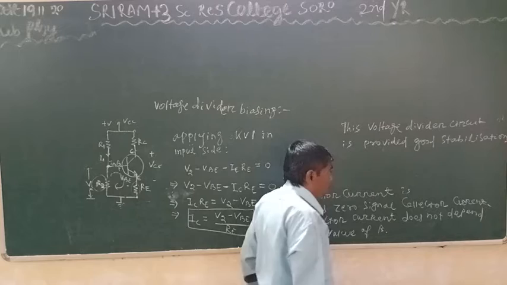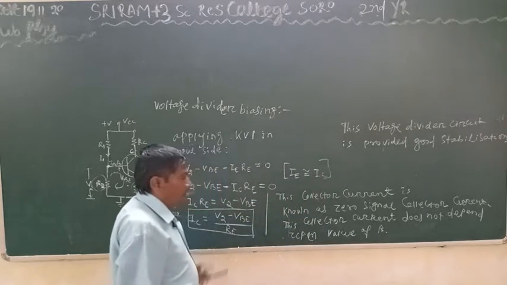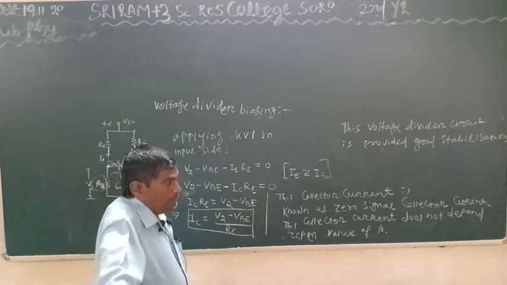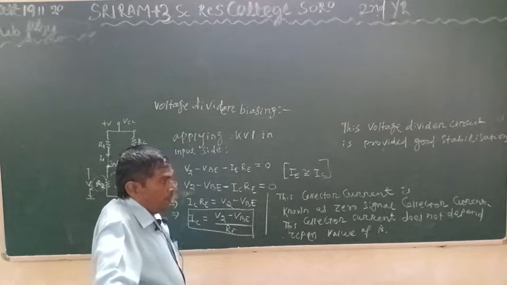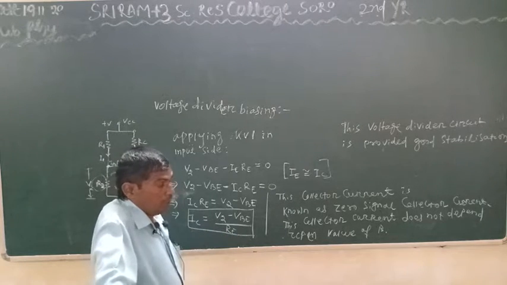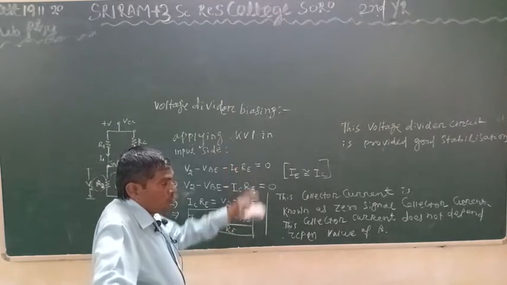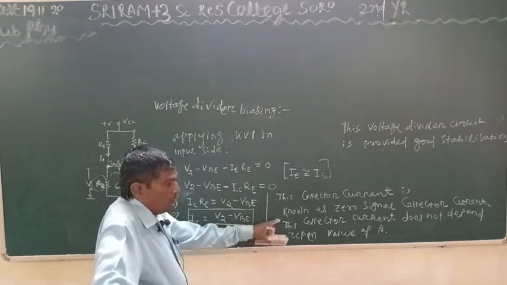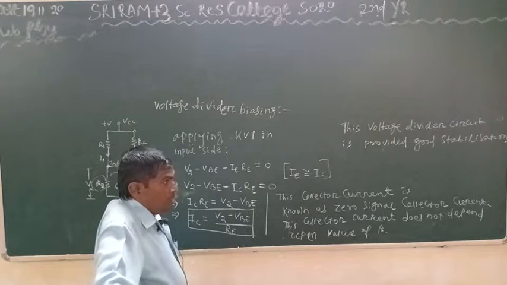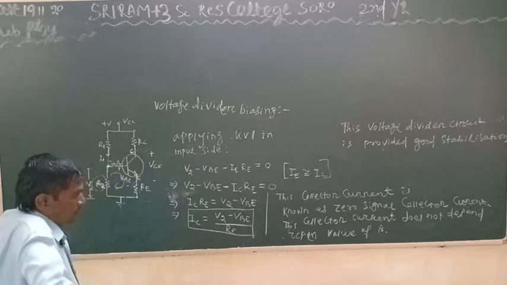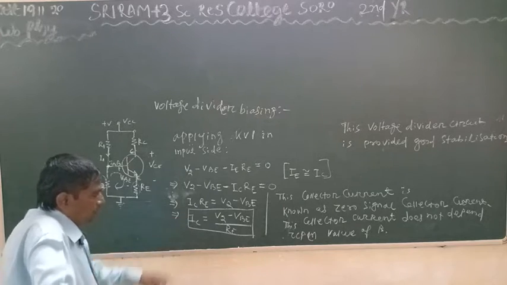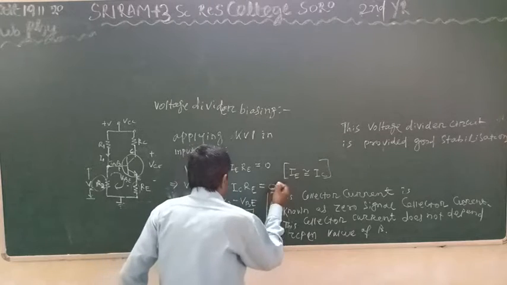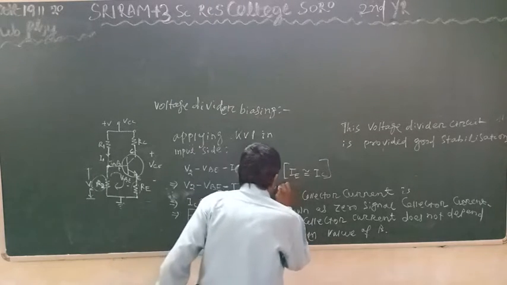Good stabilization means the circuit does not depend upon transistor parameters, that is alpha, beta or gamma, and also does not depend upon temperature. So this is known as a good stabilization circuit. So this does not depend upon beta. Now this is equation number 1.